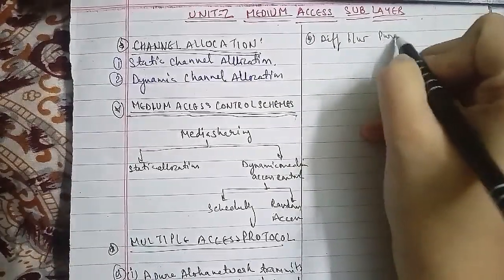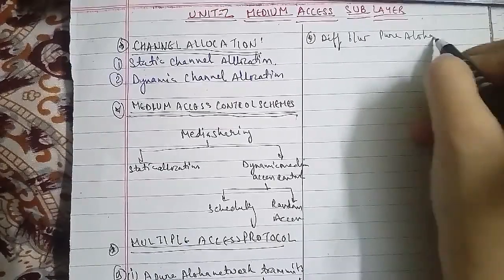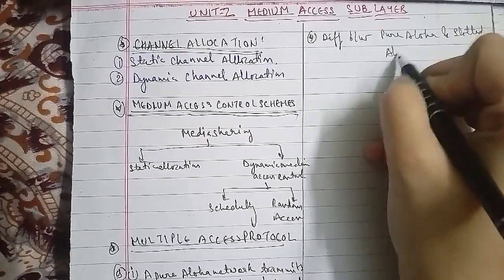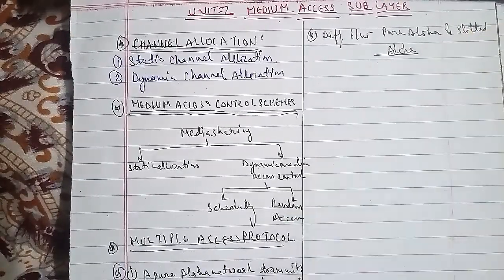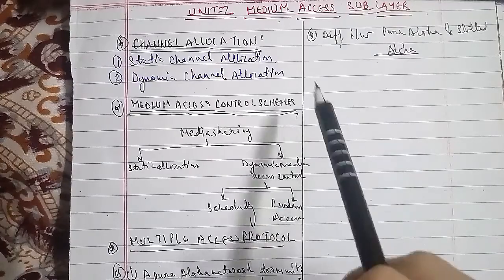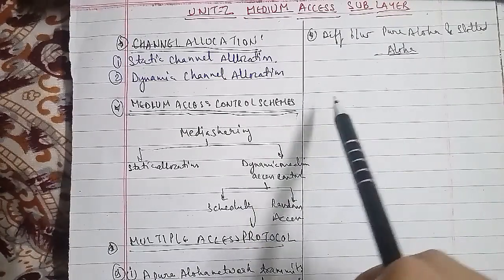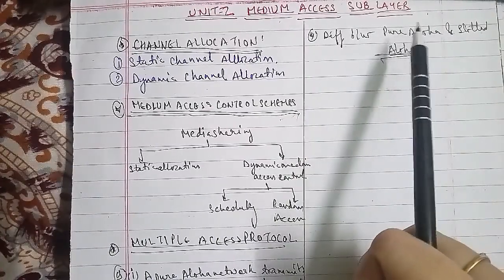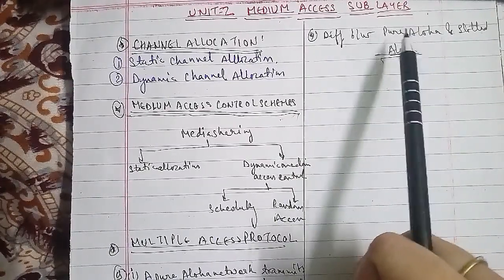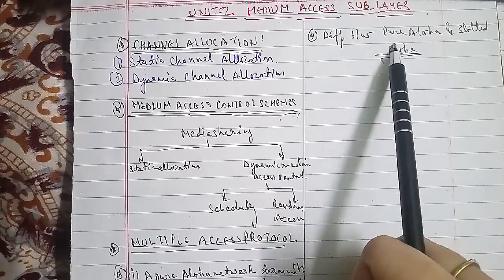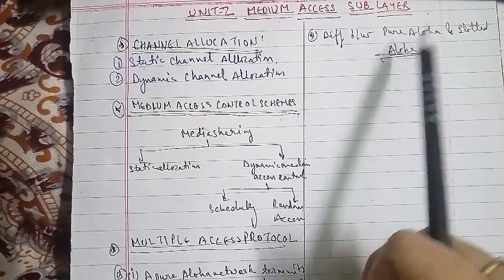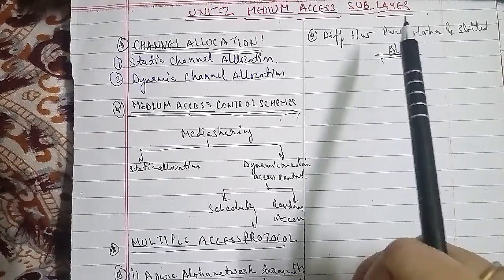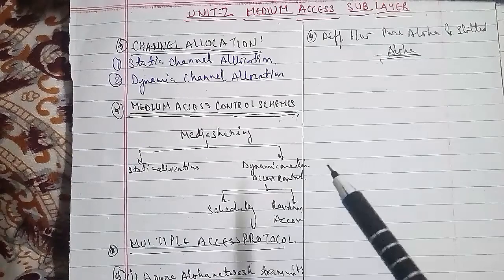With the second difference, the throughput for pure Aloha is S equals G times e to the power of minus 2G, and for slotted Aloha, the throughput is S equals G times e to the power of minus G. And the third difference is that in pure Aloha the power of e is -2G, which we have just used in the formula, and in slotted Aloha the power of e is -G only. And the third difference is that the vulnerable time is 2 times the frame transmission time, and for slotted Aloha the vulnerable time is 1/2 that of pure Aloha.